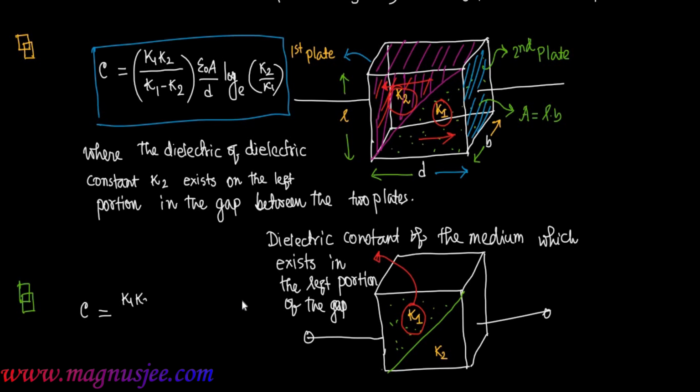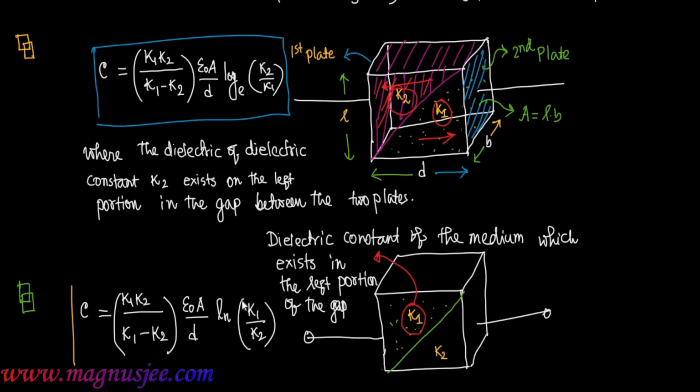In this case, C is equal to K1 K2 divided by K1 minus K2, epsilon 0 A divided by D, ln K1 by K2. So C is equal to K1 K2 divided by K1 minus K2 epsilon 0 A divided by D, ln K1 by K2.